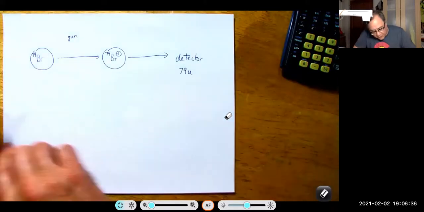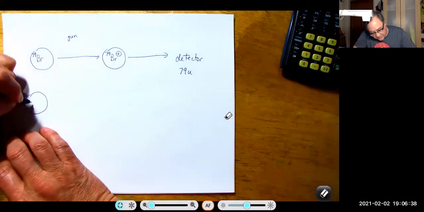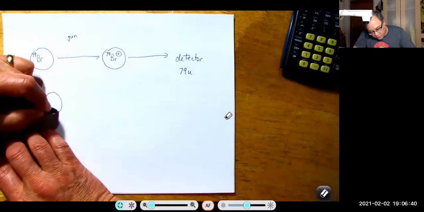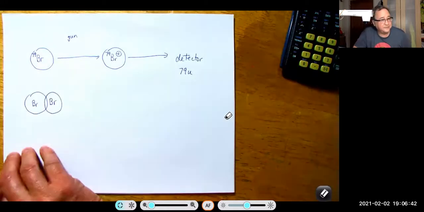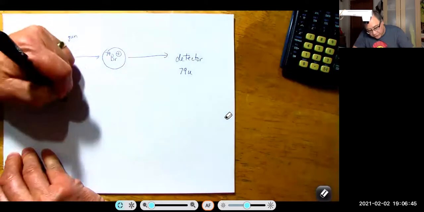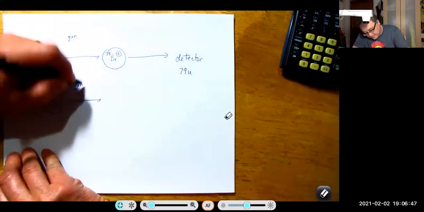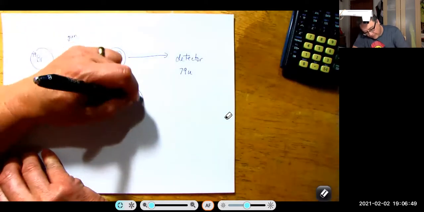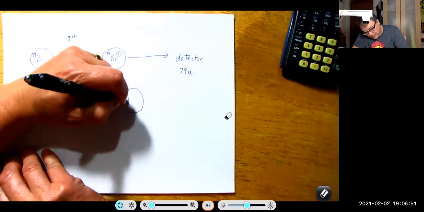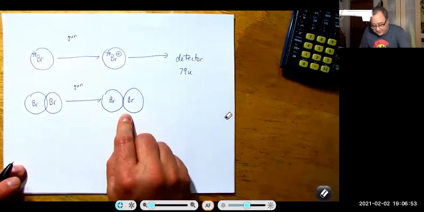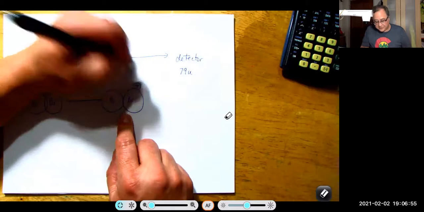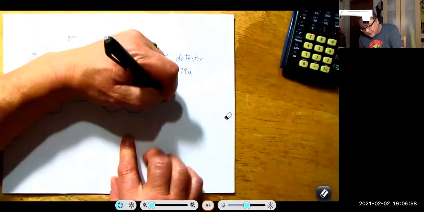Now, what happens if you have 2 bromines that are stuck together? It goes through your gun. You still have 2 bromines, but now it has a positive charge, and it goes to the detector.